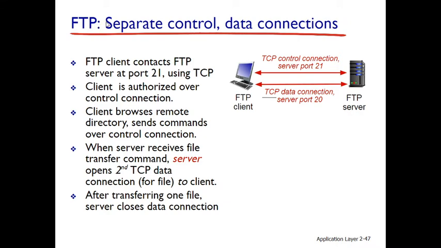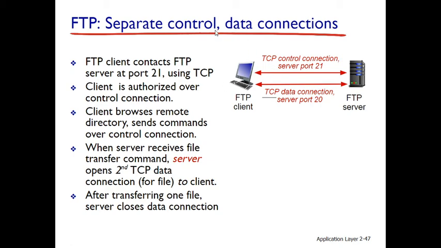FTP uses separate control and data connections. So the FTP client contacts the FTP server at port number 21 using the TCP connection. The client is authorized. The client needs to send his user ID and password, and this communication is done over the control connection.